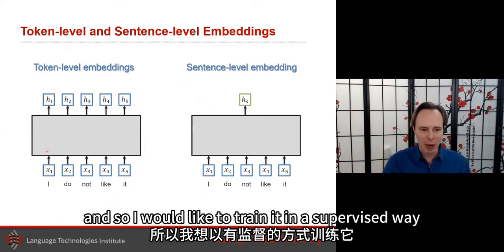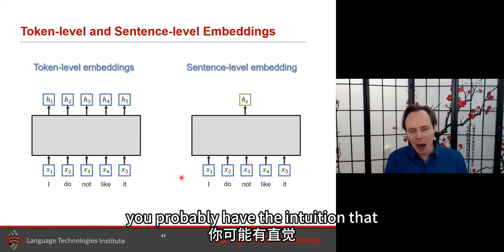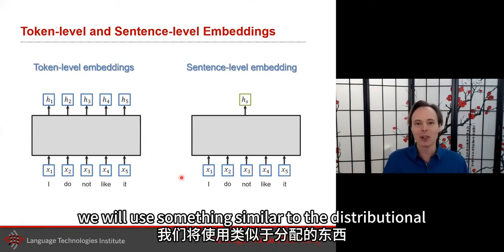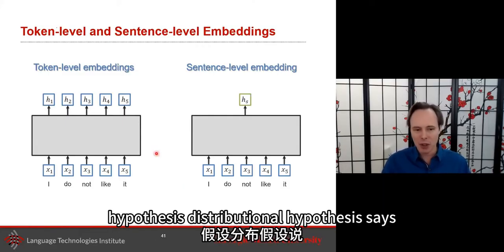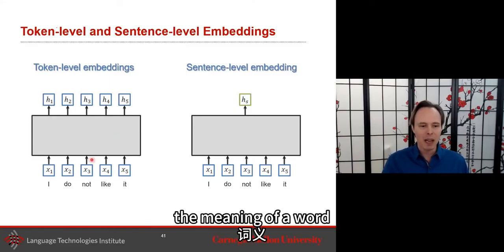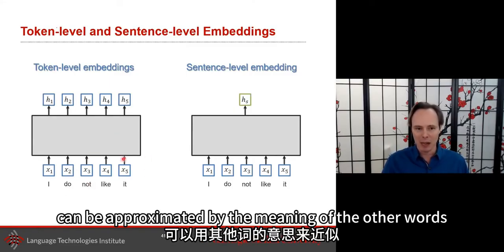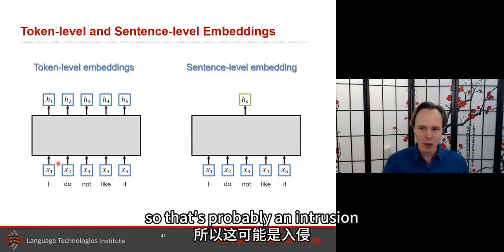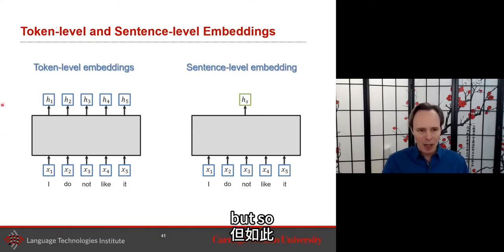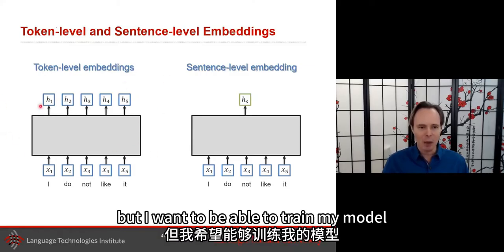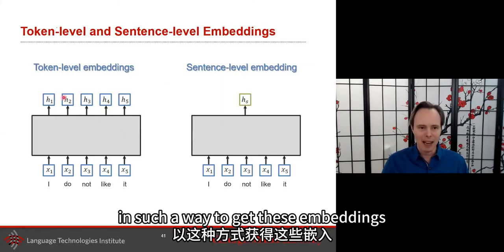You probably have the intuition that we will use something similar to the distributional hypothesis. The distributional hypothesis says the meaning of a word can be approximated by the meaning of the other words. So that's probably an intuition. But I want to be able to train my model in such a way to get these embeddings.